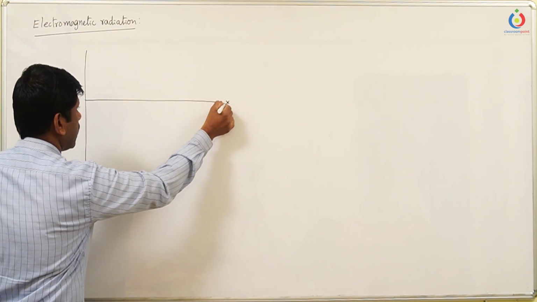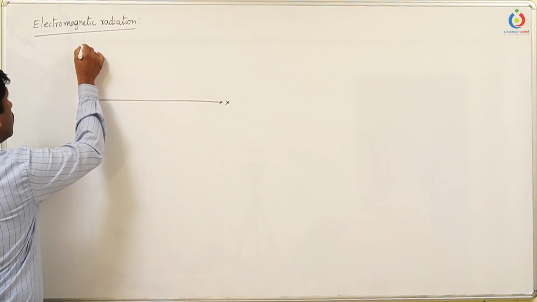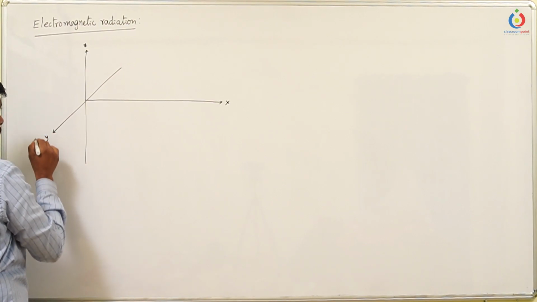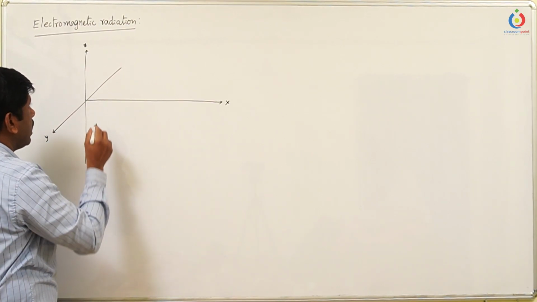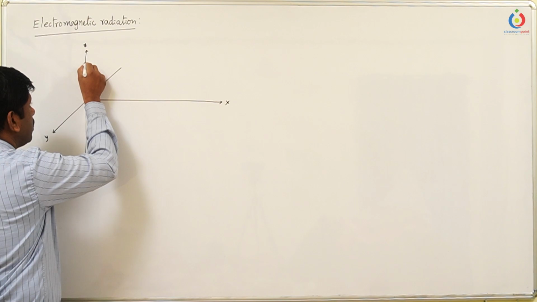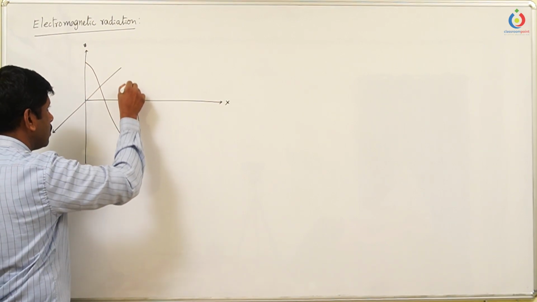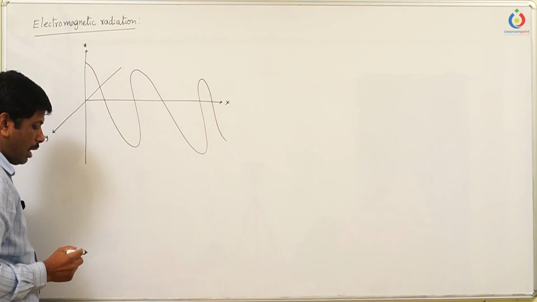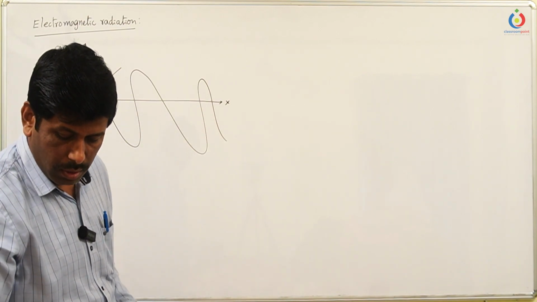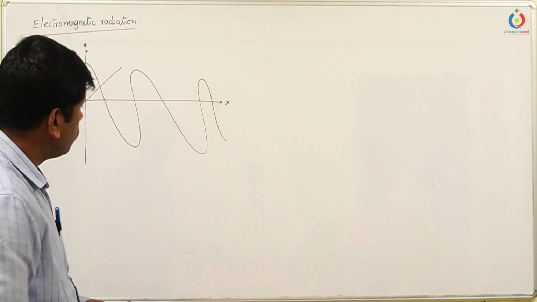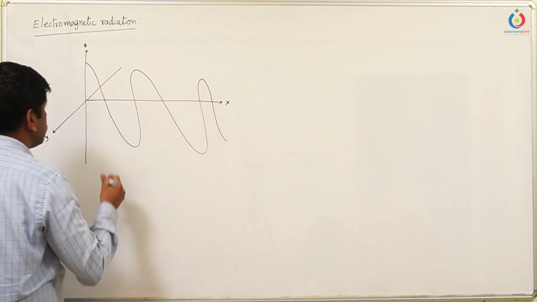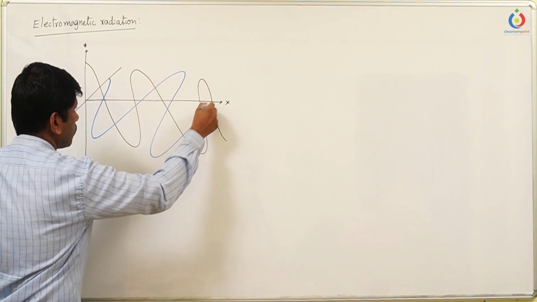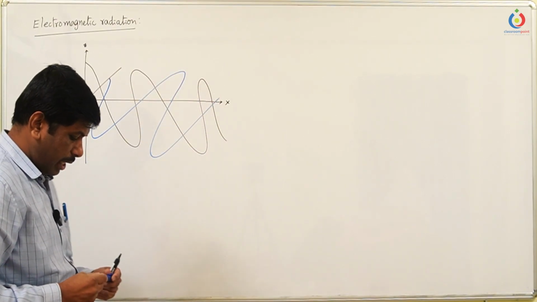So when you take, this is an x-axis, this is a z-axis, and this is a y-axis. See, imagine electric fields are generated like this. And magnetic fields are arranged perpendicular to electric fields, like this.